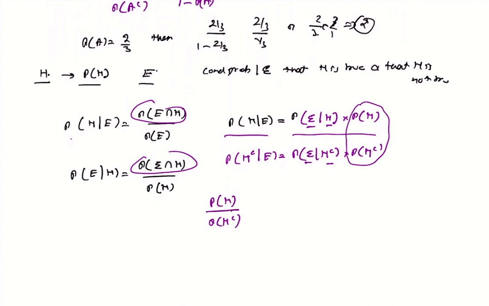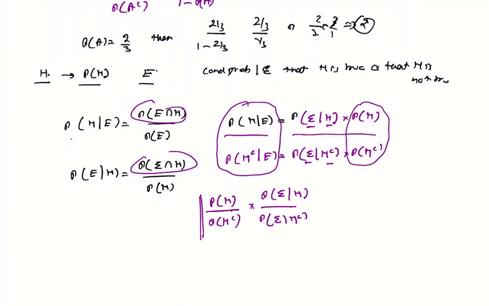But then with the new evidence, which gives the new odds ratio, you are multiplying it by the probability of the evidence when the hypothesis is true divided by the probability of evidence when the hypothesis is not true. So if the evidence is more likely when the hypothesis is true, then this ratio will be higher, and that is why the odds ratio will go up.